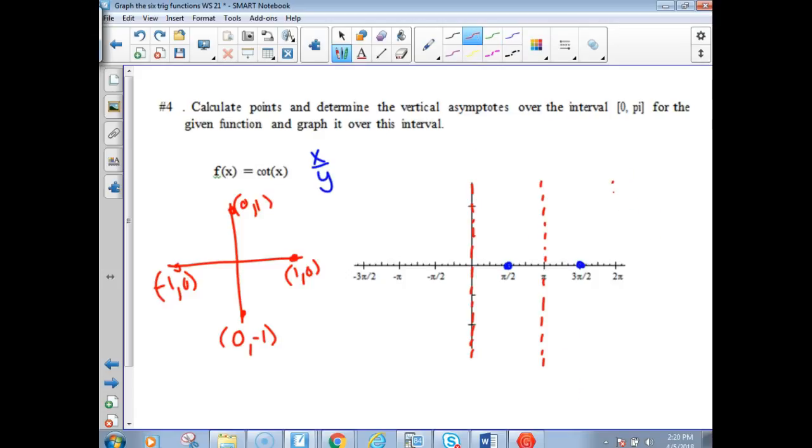And the cotangent is the reciprocal of the tangent. Now, the tangent went like this. So what do you think the cotangent might do? Instead of going that way, it's going to go that way. It's going to flap. So it's going to be a twist passing through 0, 0 at pi over 2. This is another twist. And the period is pi.